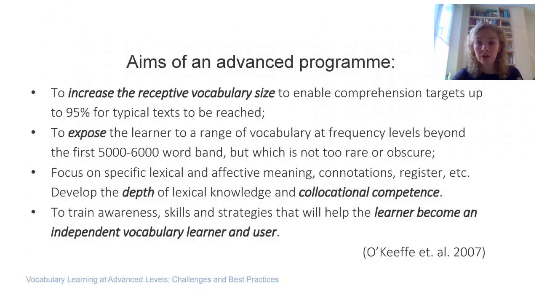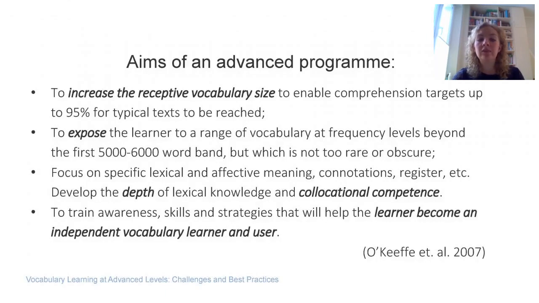But this is the point where you have to take yourself, if you're a learner, or your students, out of this comfort zone and expose them to less frequent vocabulary. But of course, you have to be reasonable here. You don't have to learn a lot of rare and very obscure words like dated or old-fashioned words or very, very literate words and so on.